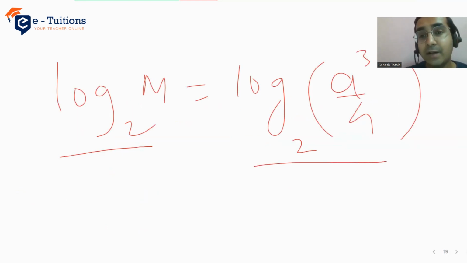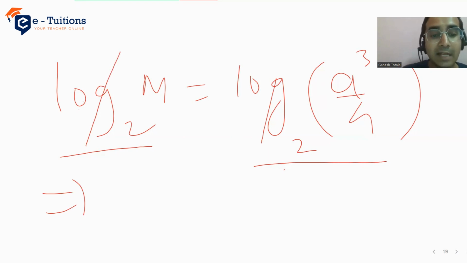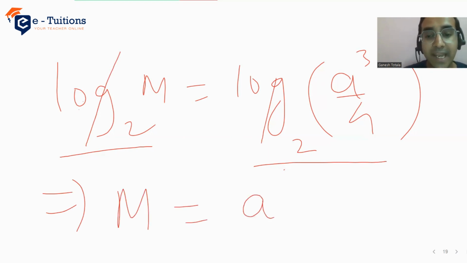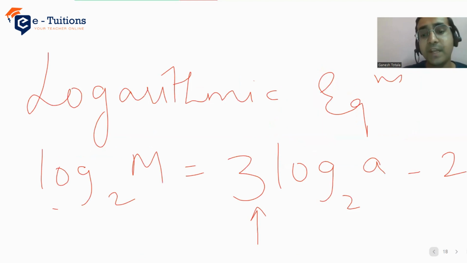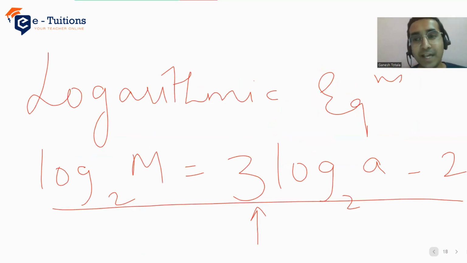Here I can see that on both the sides, log to the base 2 is same. So you can simply strike it off and your answer will be m is equal to a cube divided by 4. It is as easy as that. So this was a logarithmic equation because it was an equation involving logarithms.